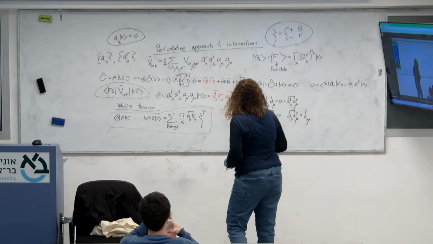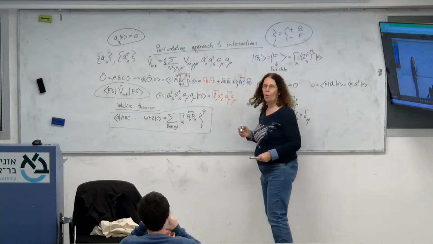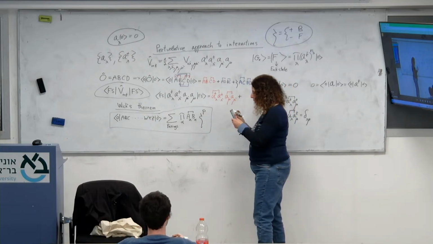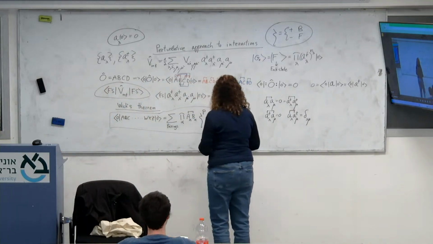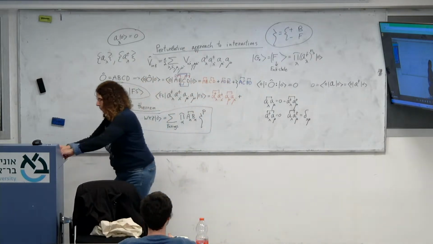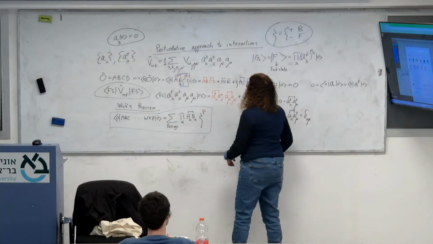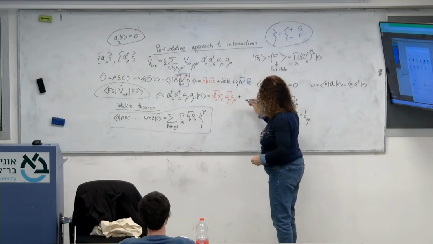So there are actually only two non-zero terms, and now I'm really focusing on fermions. The first term, which I denoted by purple, is the contraction of A and D and B and C. What is it in our case?